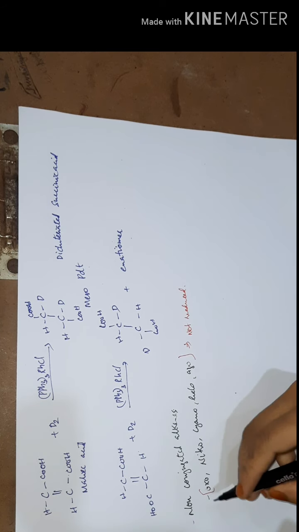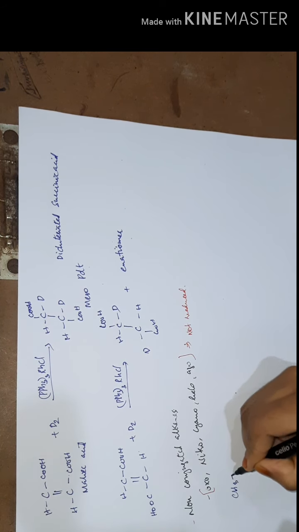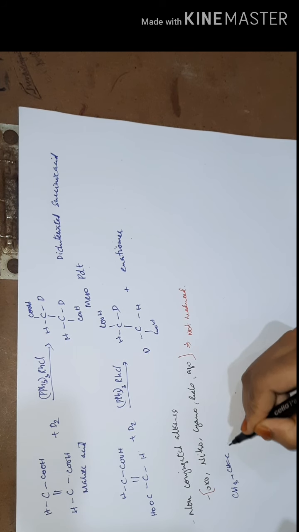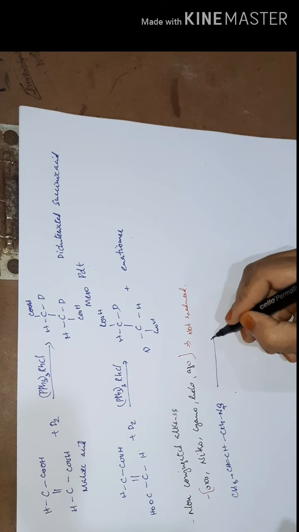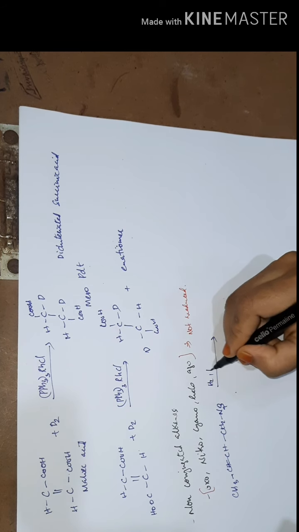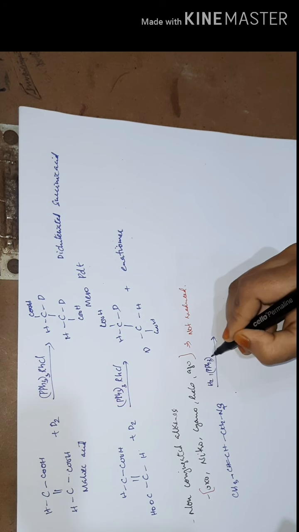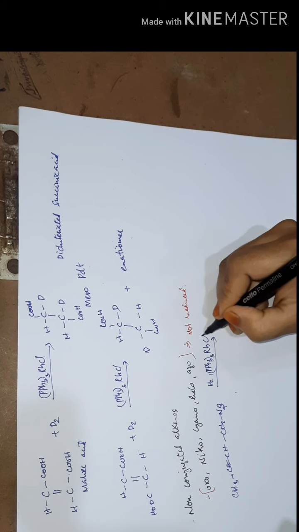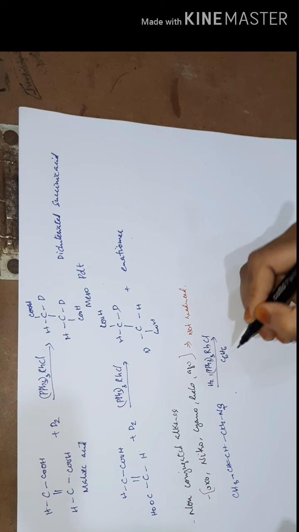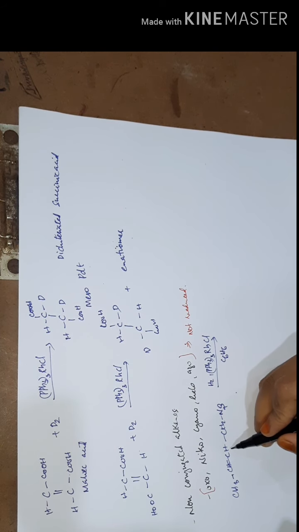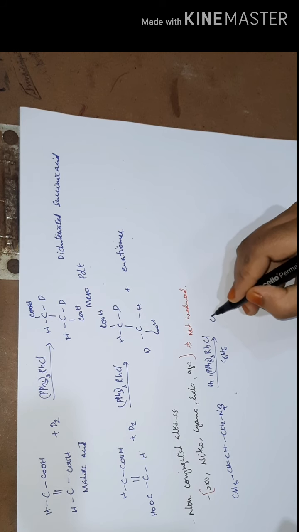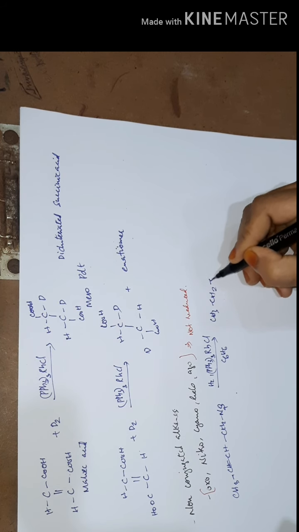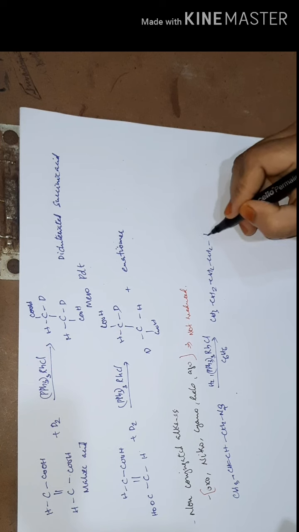One of the examples is, suppose our compound has an NO2 functional group here. During the hydrogenation in the presence of triphenylphosphine rhodium chloride as catalyst, in benzene, this C=C double bond is reduced and the NO2 functional group is not considered, giving CH2, CH2, CH2, NO2.